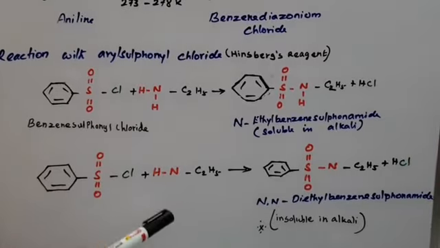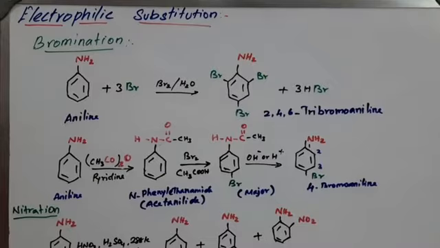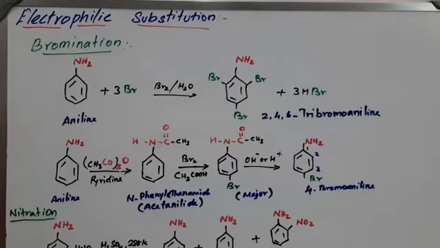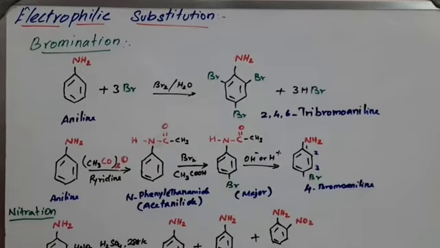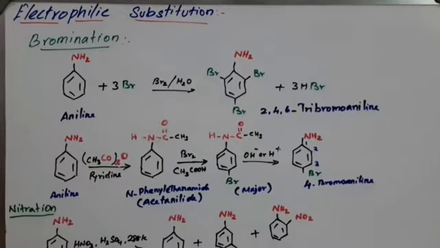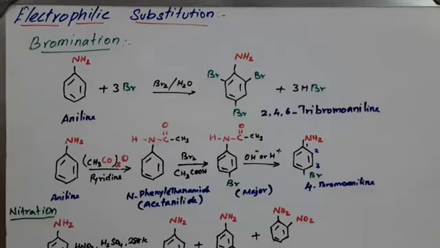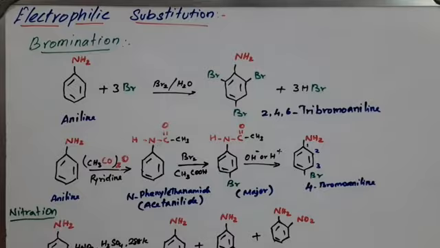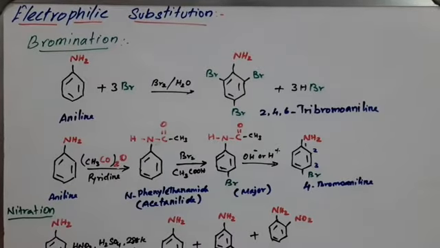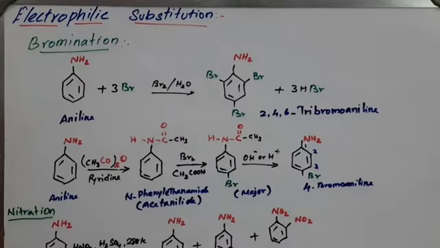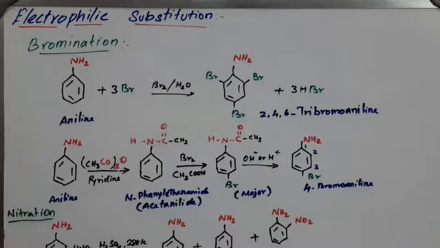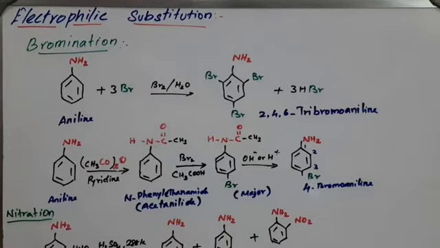Okay, right. The last one is chemical reactions of amines: electrophilic substitution reactions. Amine electrophilic substitution is very challenging and highlighting, because it undergoes different manners. See here, first one, bromination.